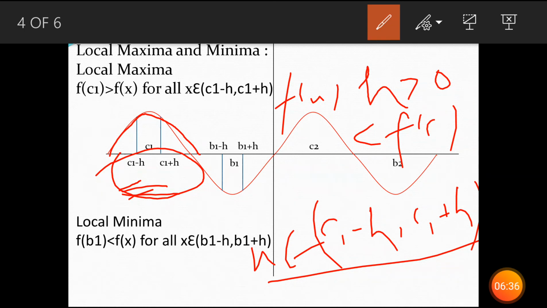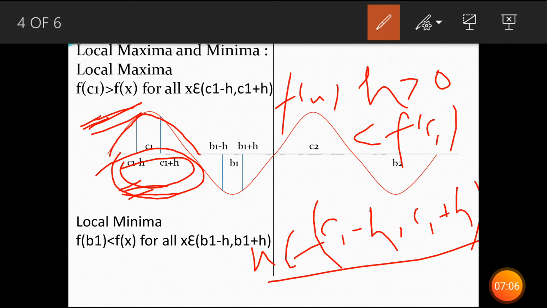In this interval, f(c1) is the highest value. So for this particular interval, c1 minus h to c1 plus h, f(c1) is called the local maxima. Local maxima because we have chosen an interval. We are talking about a particular interval around c1. So that is called the local maxima.